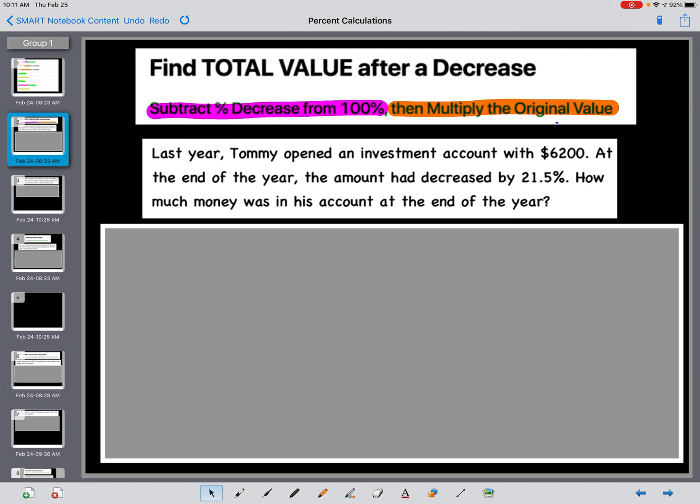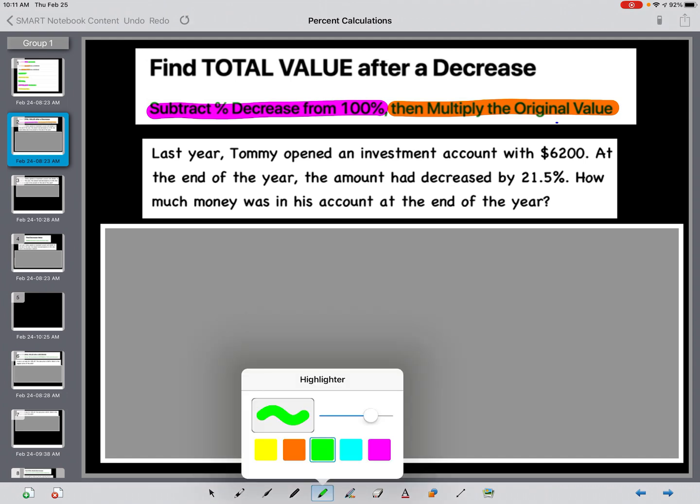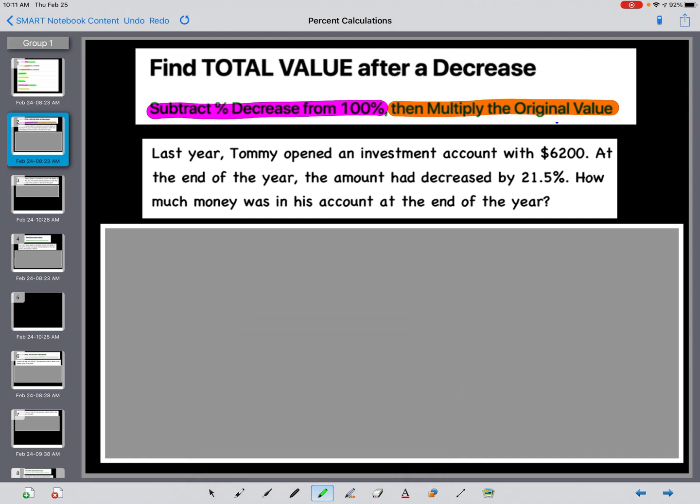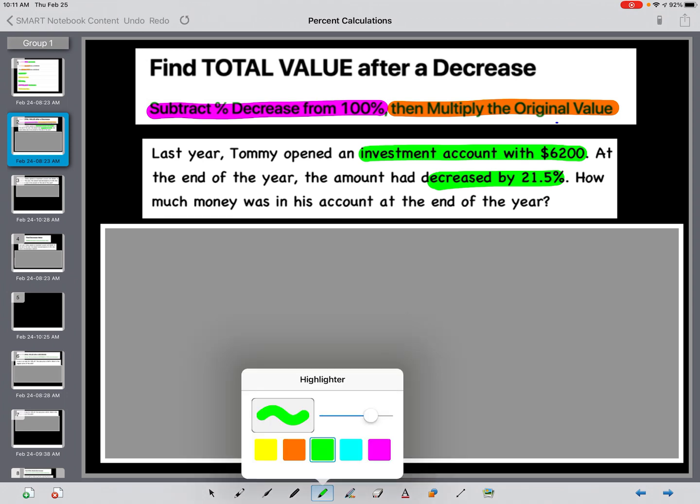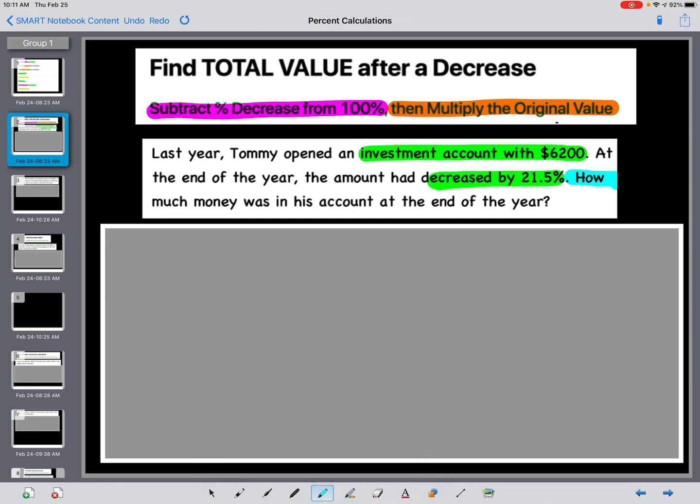Here is an example we can go over where this person opens an investment account with $6,200, but by the end of the year it had decreased by 21%. And the question asks, how much money is in the account? That's referring to total value.